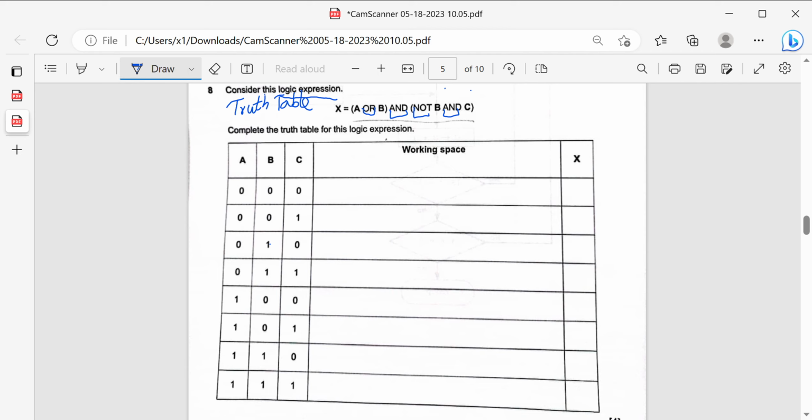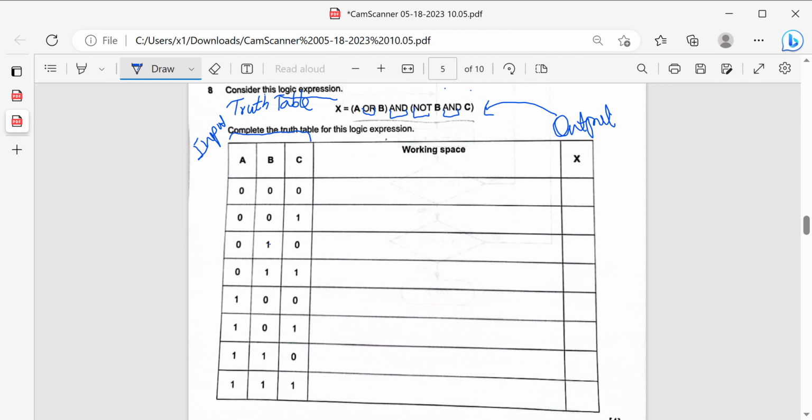In a truth table, basically we have inputs. These are the 3 inputs, and we need to calculate an output by using this logic expression.